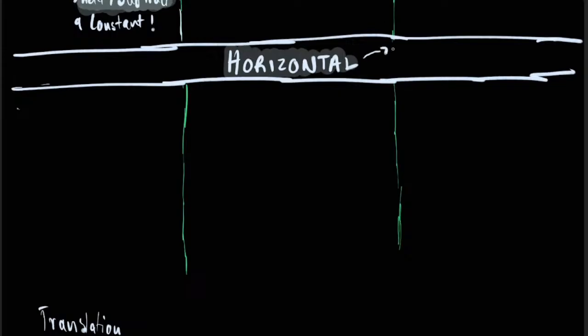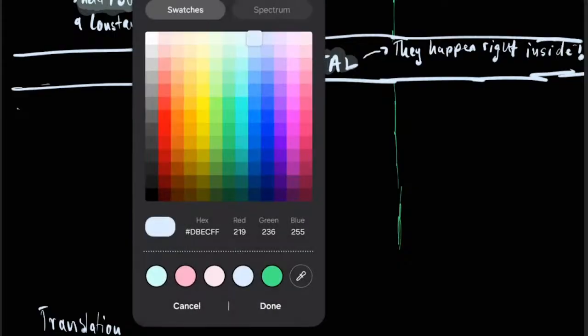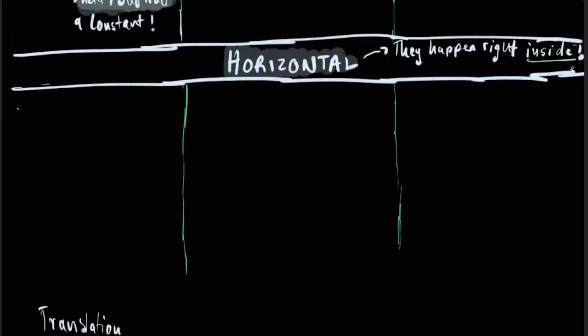Number one, they happen right where X is, inside the function. That is where a horizontal transformation will take place. A horizontal transformation happens inside the function.